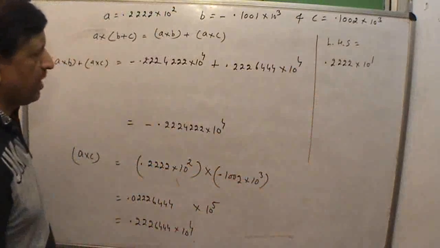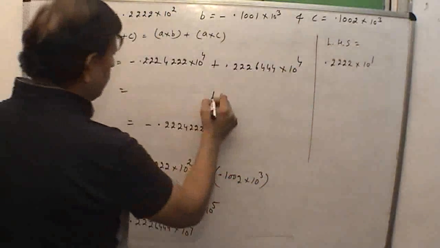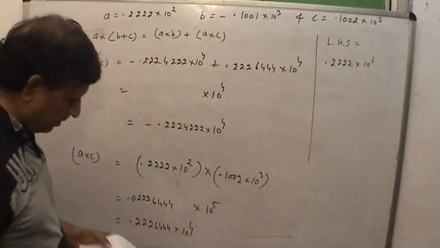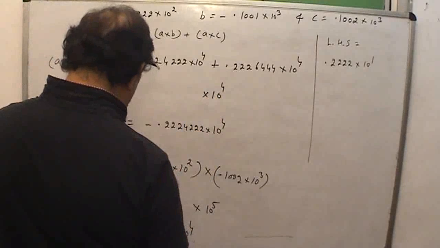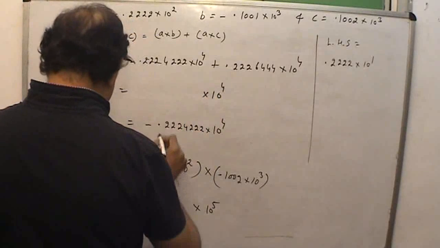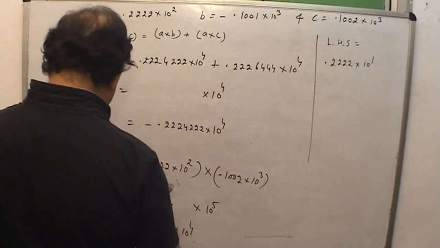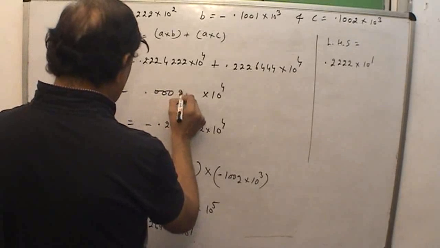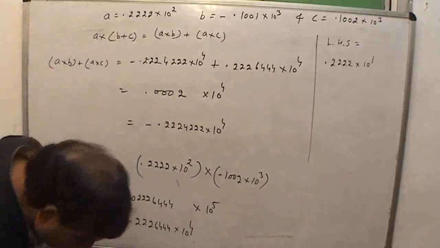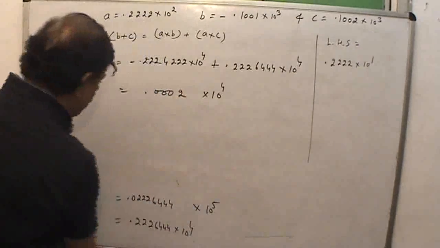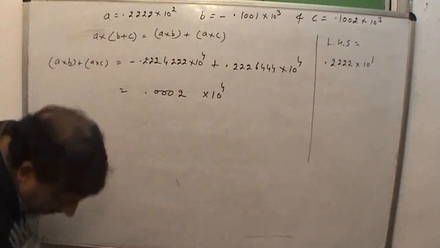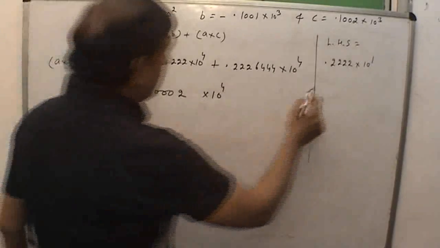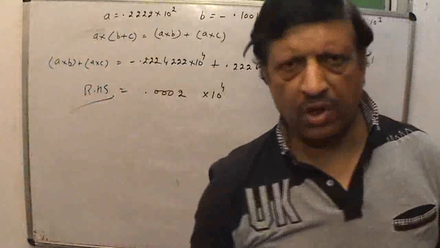Again, the exponents are the same, so no need to shift the decimal. 10 raised to the power 4 we can take common, and it will give 0.0002. So we say left hand side is not equal to right hand side. They both are not equal.